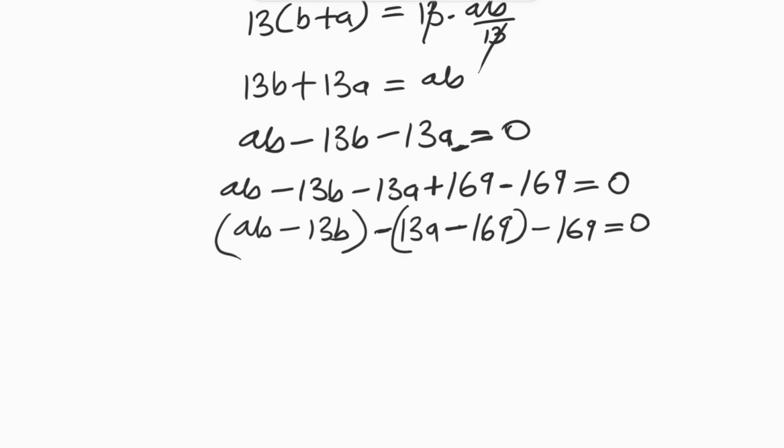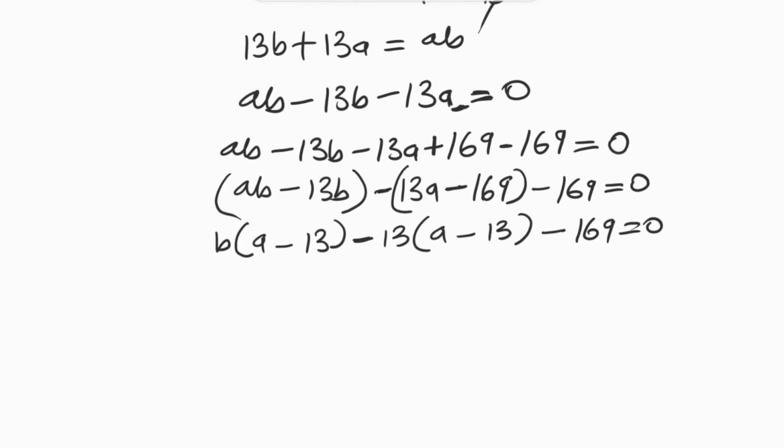So we have AB minus 13b, and we can factor out b from there, such that we have b times (a minus 13) in parentheses. Then minus, from 13a minus 169, we can factor out 13, and we have a minus 13, because 13 times 13 will give us 169. So this is minus 169 equals 0.